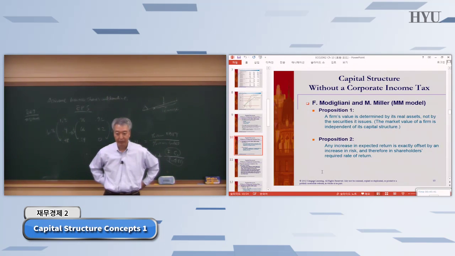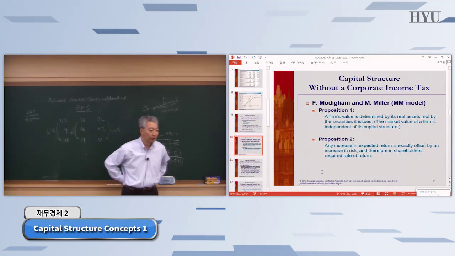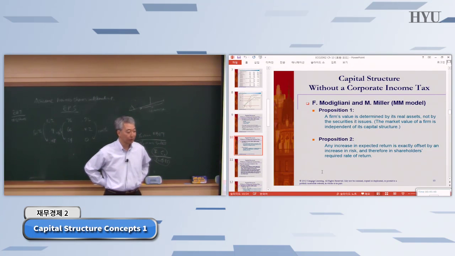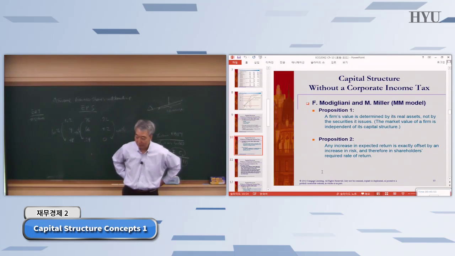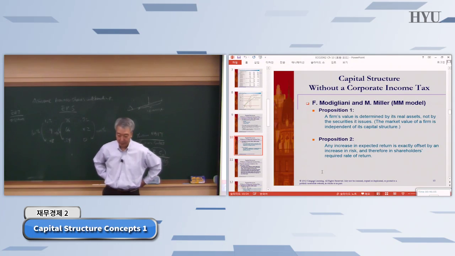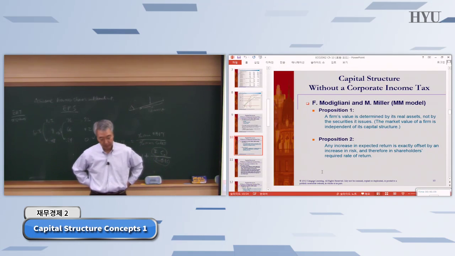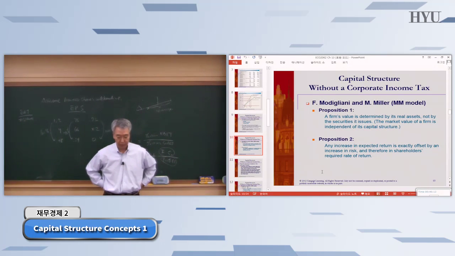That's a problem, isn't it? Because a few minutes ago, I just told you about the optimal capital structure, which minimizes the cost of capital, and that's the way you can maximize the firm's value. But Modigliani and Miller, well, actually Merton Miller received the Nobel Prize in 1990.